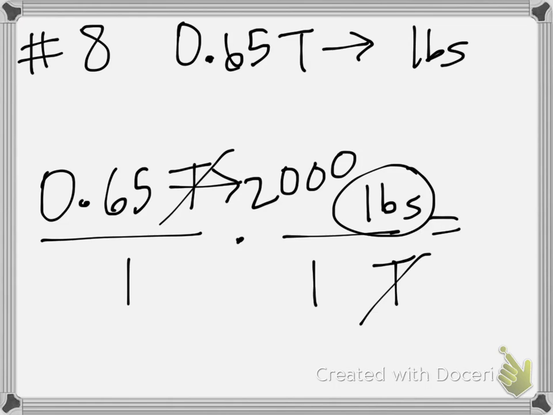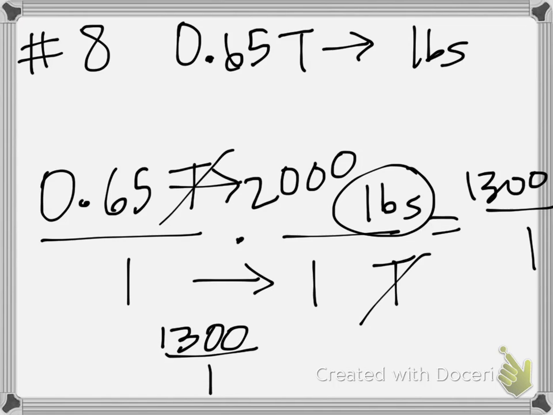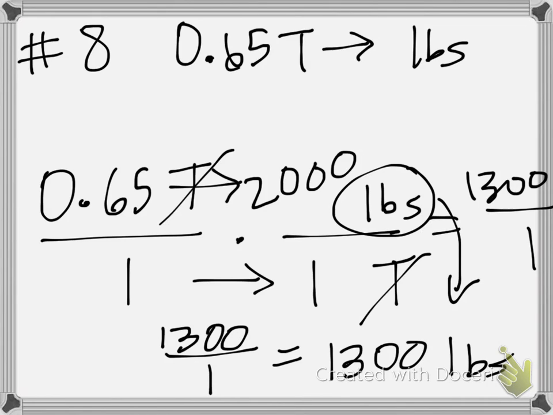Okay, so 65 hundredths times 2,000 gives you 1,300. And 1 times 1 is 1. So 1,300 over 1 just gives you 1,300. And the answer is pounds. So 1,300 pounds would be our answer on that one.